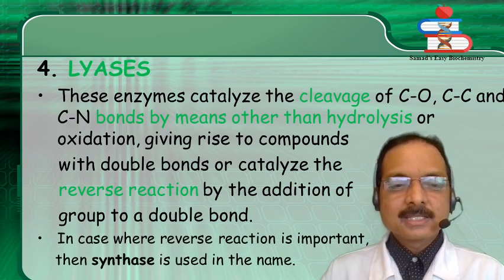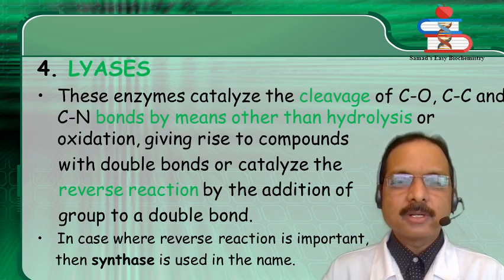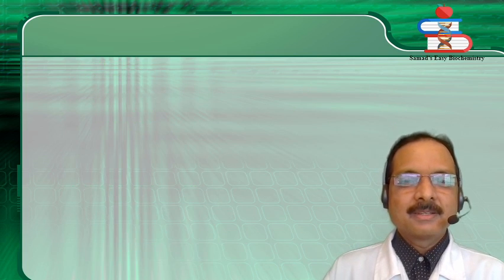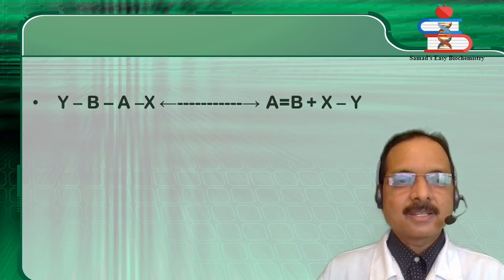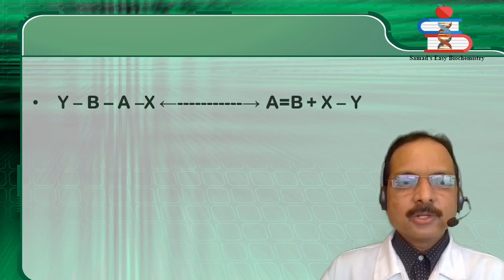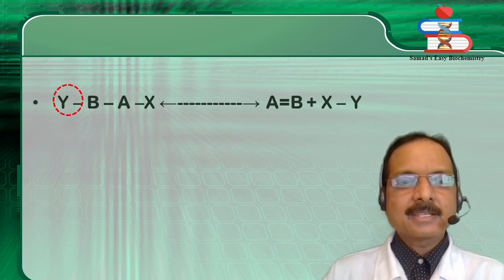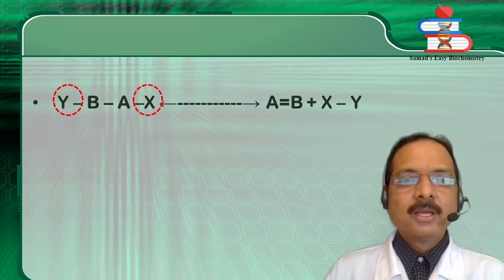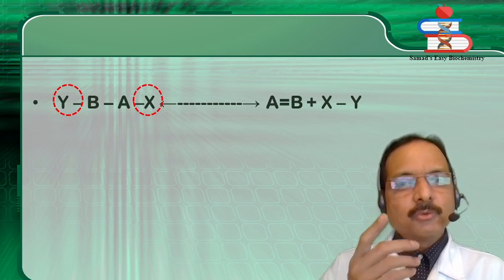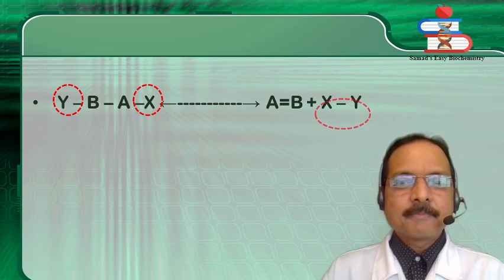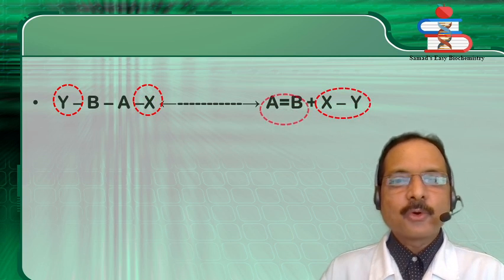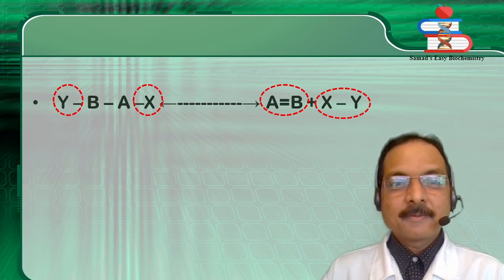And in case where the reverse reaction is important, then synthase is used in the name. Let's see this now. We have this molecule, a substrate B, A, and two additional groups are there, X and Y. Now these groups would be removed by enzyme and a new product is formed with a double bond.